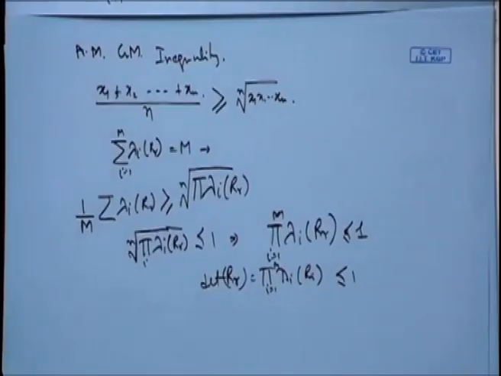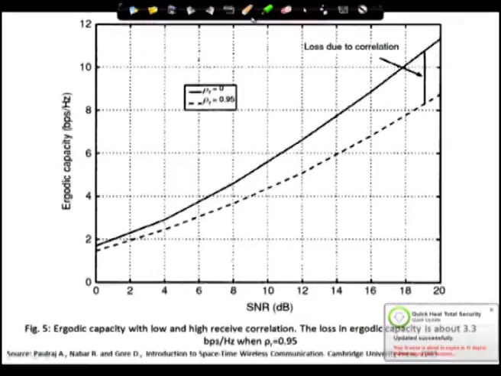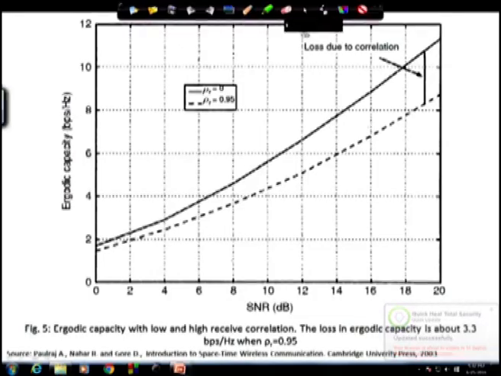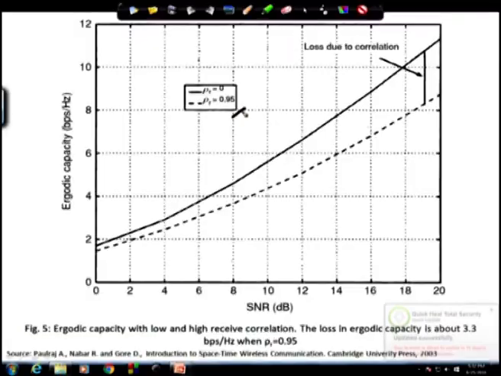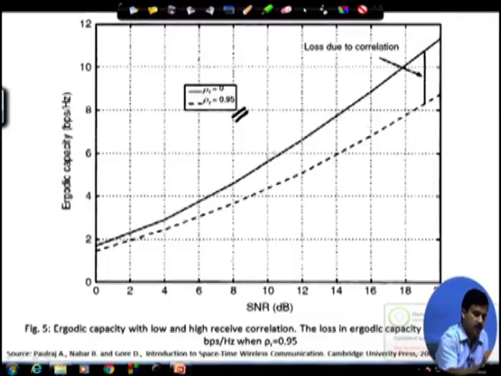Okay. So these are some of the important results that we can gain over here, and we take a look at the result of correlation. So when we look at this particular picture, this is the case where correlation is set as 0.95, and this solid line is the no correlation case, and if there is a 95% correlation between the antenna branches, this dashed line is what is there.